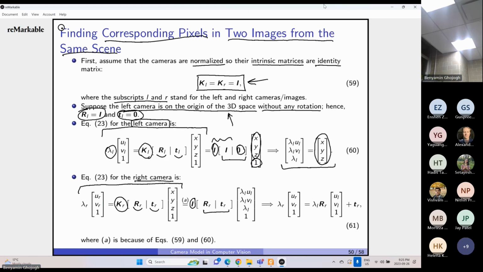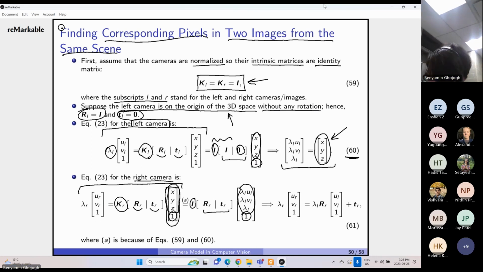Then I have X, Y, Z, and 1 here. I found X, Y, and Z in equation 60. So I replace X, Y, and Z with lambda L UL, lambda L VL, and lambda L. Right, I have one here at the end. I'll put the 1 here also.